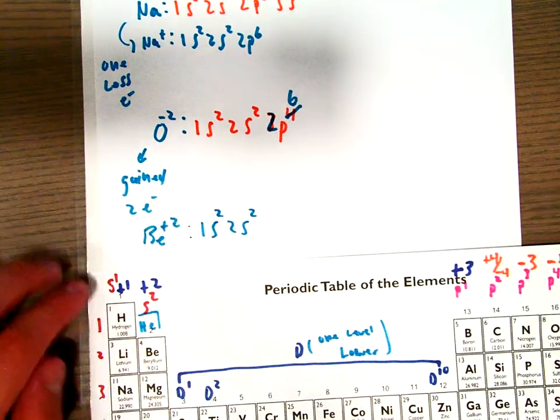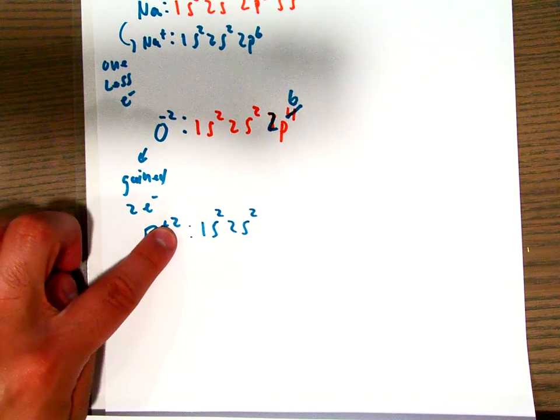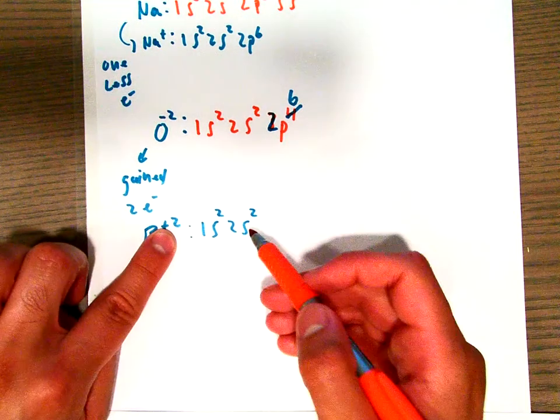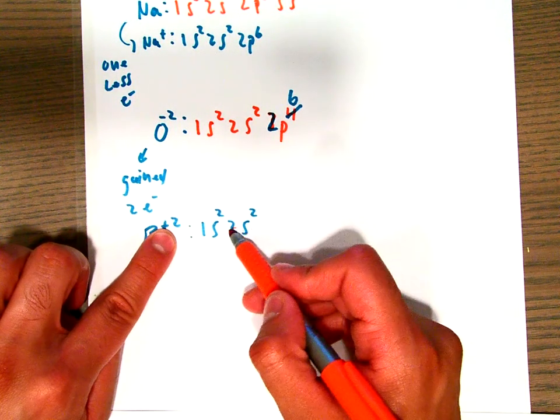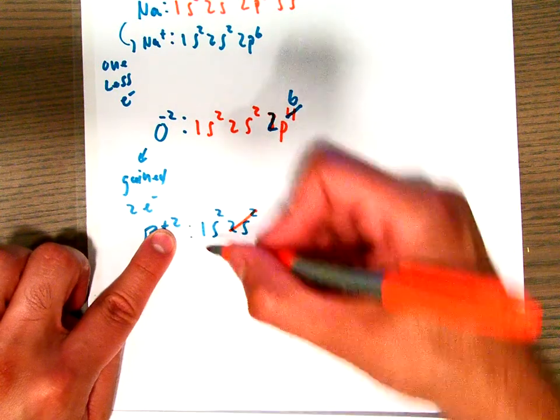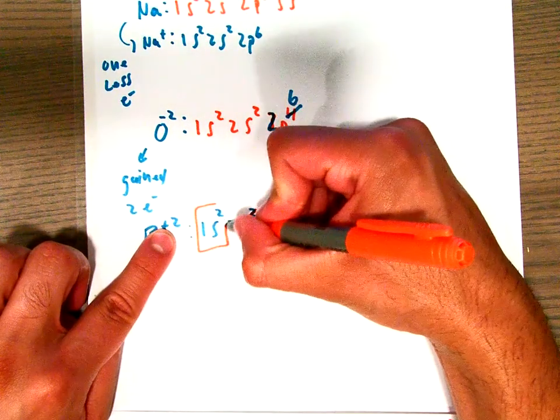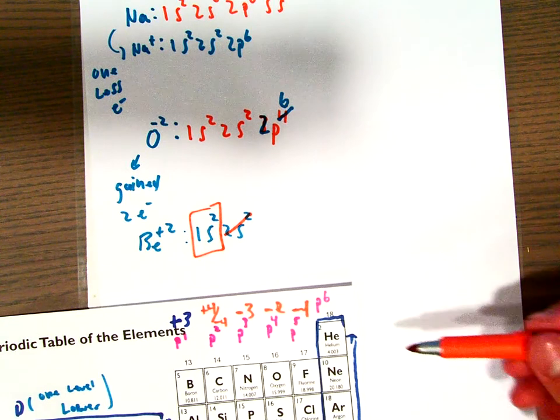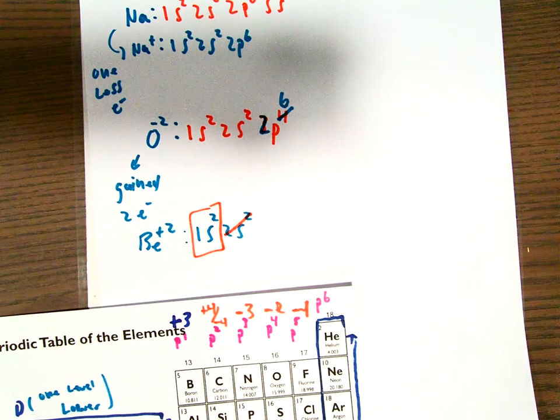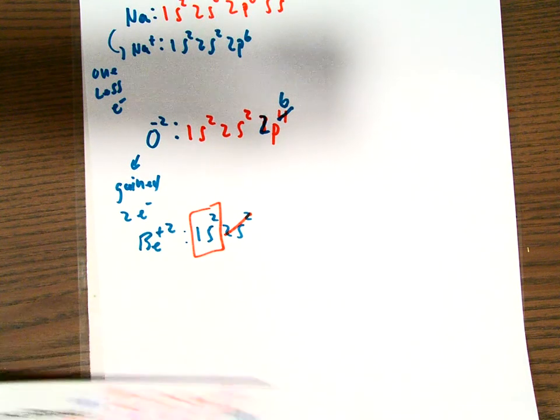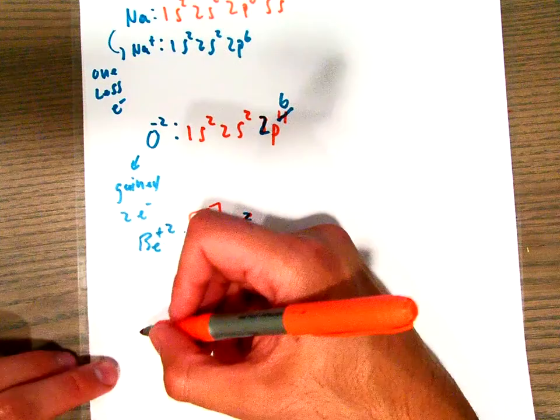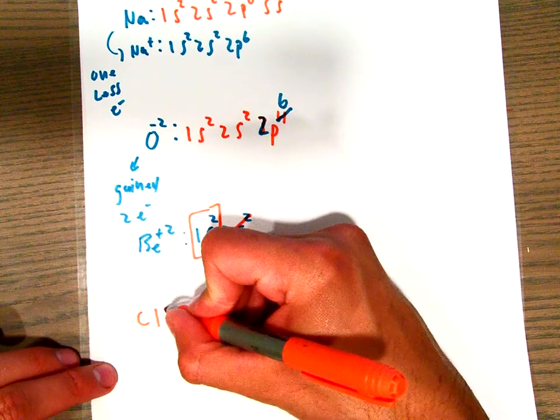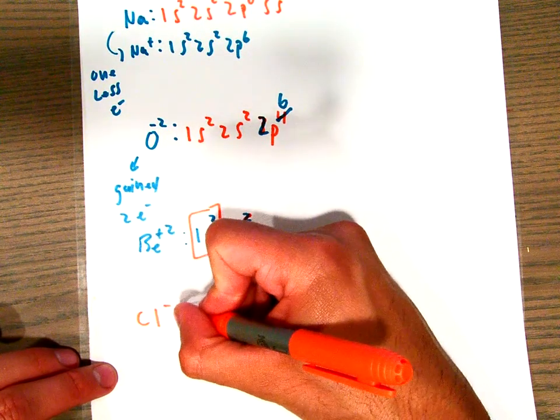But since it has a +2, that means we lost 2 electrons. So we lost these 2 electrons. So the configuration is just 1s2, which is basically the configuration of helium. Okay? And if we need more help, then we could do another example for chlorine here, for a -1 chlorine ion.